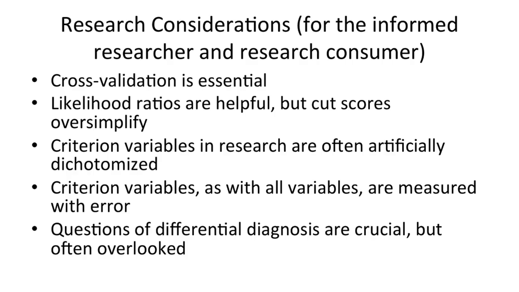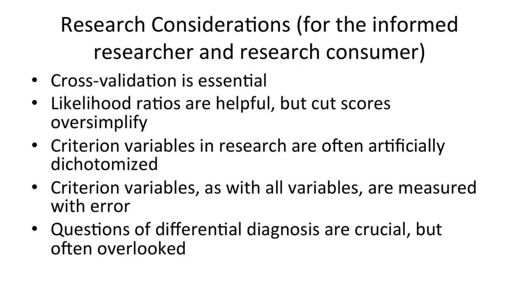Now, these are some research considerations as a consumer and as a producer of research. So cross-validation is essential. Once you get your cut scores, once you get your regression weights, and you can use regression to predict probability, it's something that requires its own set of videos to do.